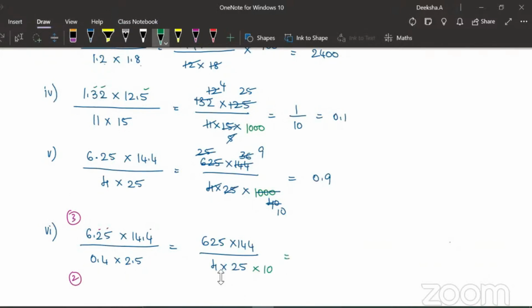So basically this number is 25, 25 fours are 100, 36 times. And then here I will cancel this by 5, 5 twos are 10, 5 fives are 25, and 2 18s are 36, so you will get 5 into 18, 90.